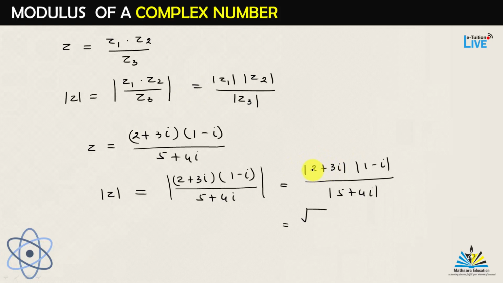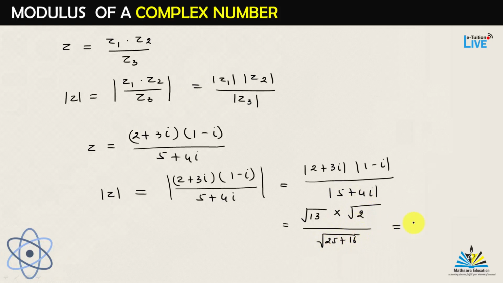This is going to be equal to under root of 2 square plus 3 square, 9 plus 4 is 13, so under root 13, into under root of 1 square plus 1 square, that is 2, upon under root of 5 square, that is 25, plus 4 square, that is 16.